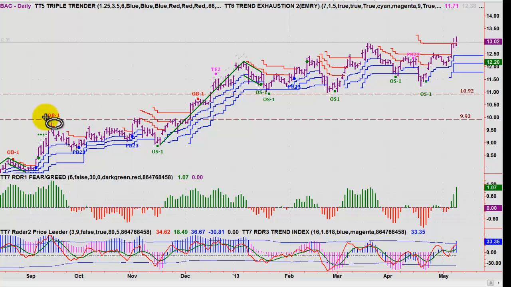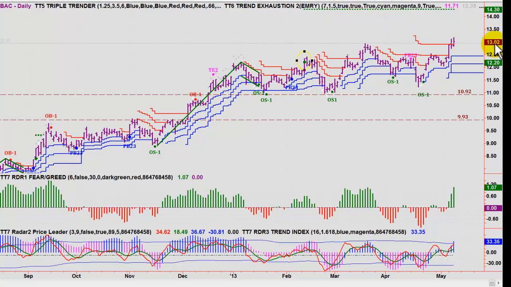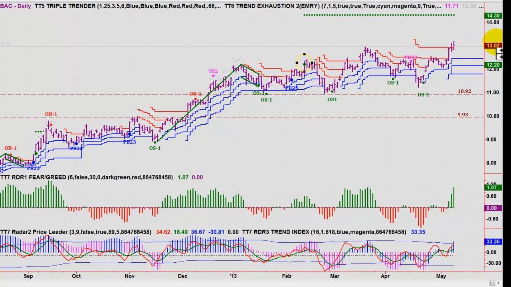That's what this dot is right here. And you can see we have a flag target up here at 14.30. So I think we could buy this Bank of America here at around $13 and try to make about 7% on it with a target of 14.30.